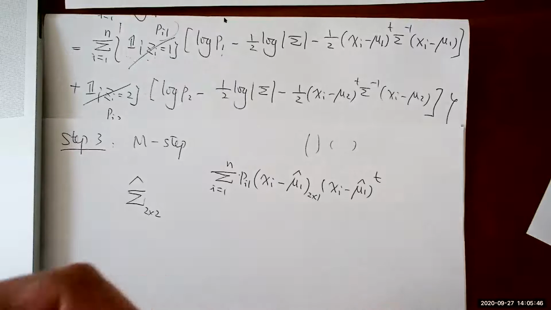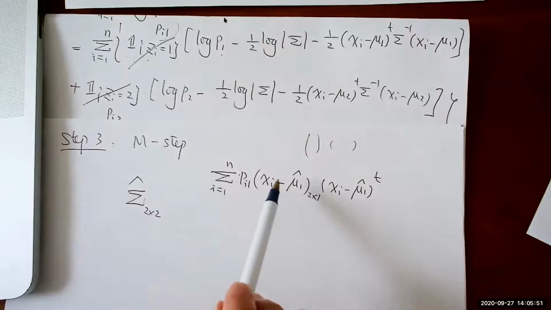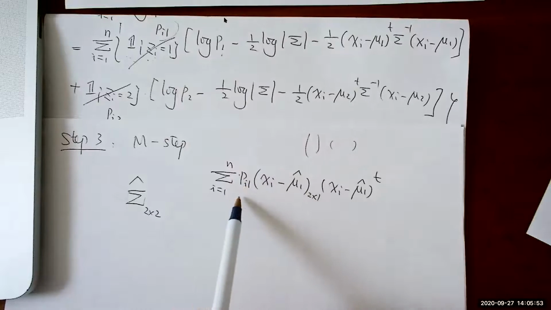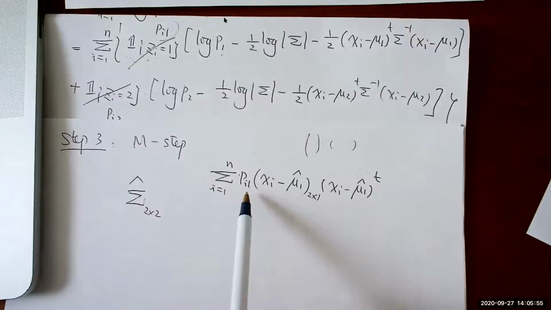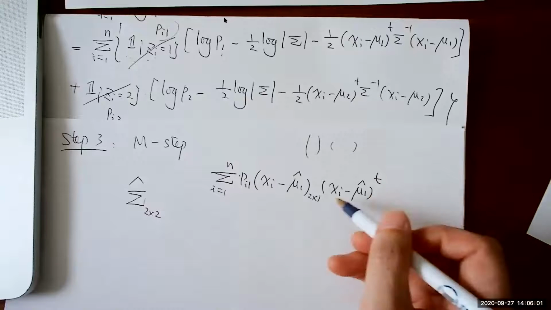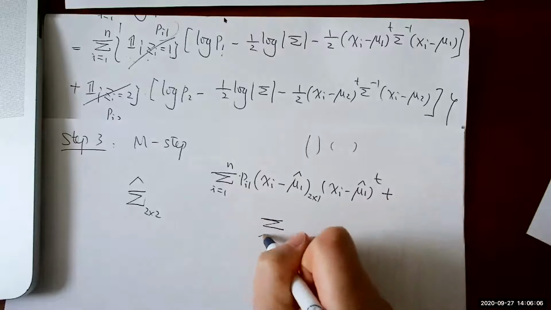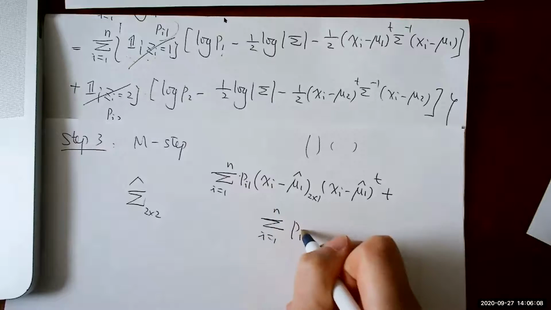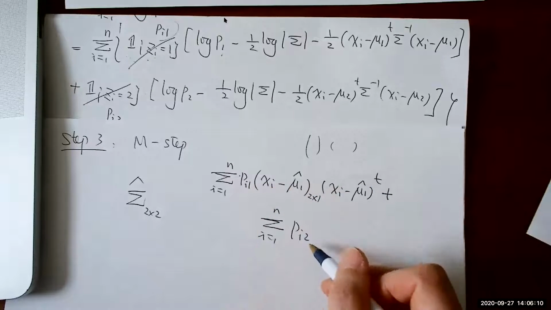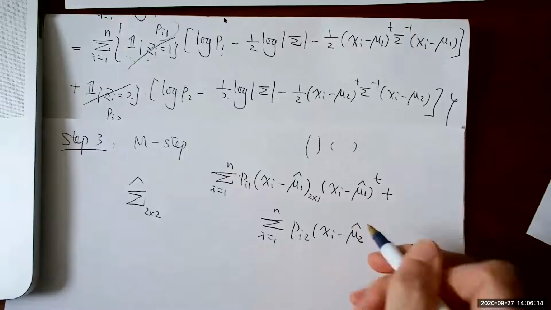In that note, they further divide by just the sum of the weights. That gives the estimate for sigma subscript 1 for the first component. But since we assume sigma is the same, we have to sum over i from 1 to n of pi2 as well, because component 1 or 2, you have the same covariance matrix, so you sum them together. Now it's mu2.